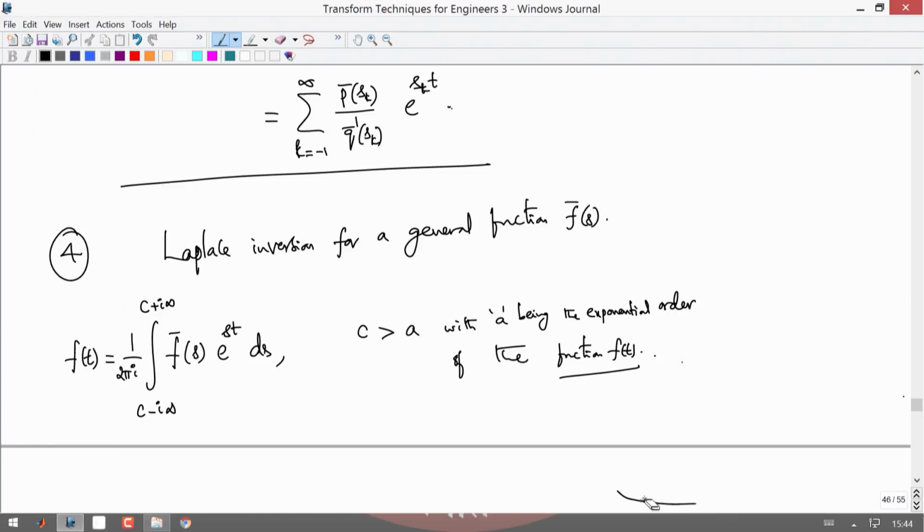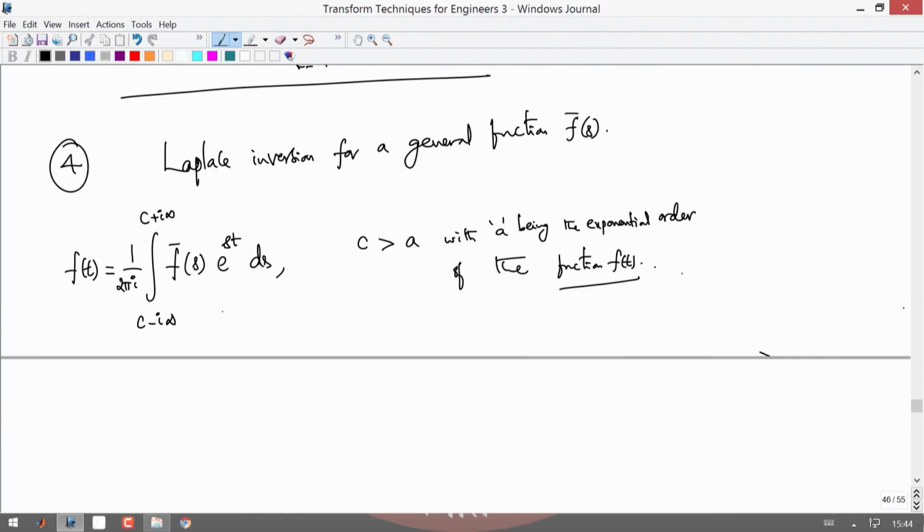So, this is what we have defined, that is how we have defined the Laplace inversion.